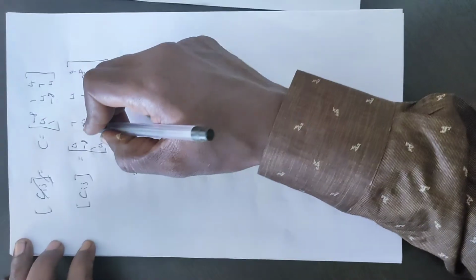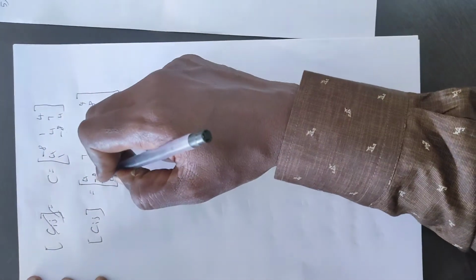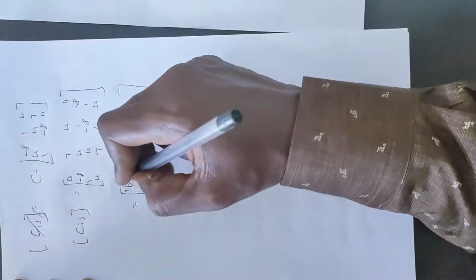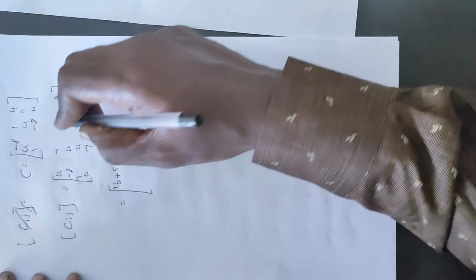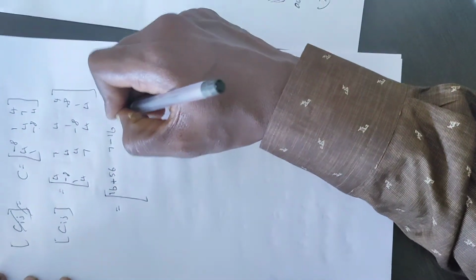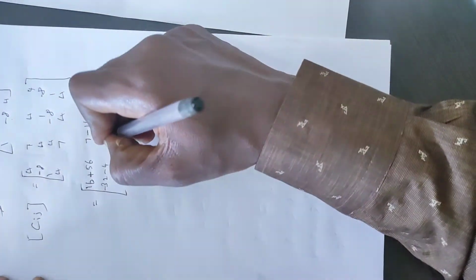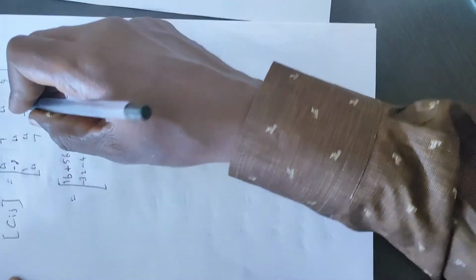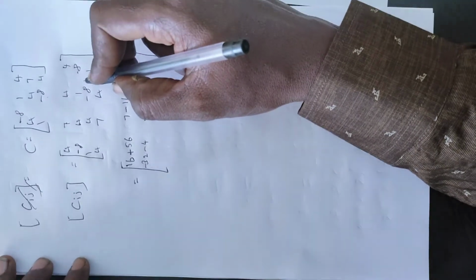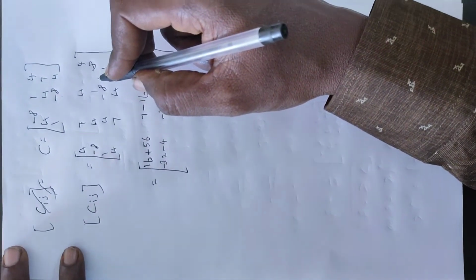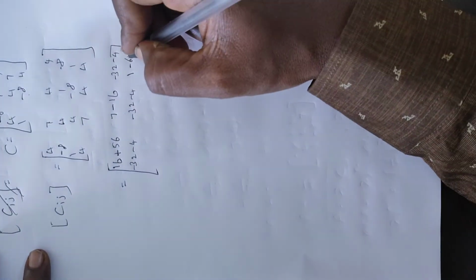So 16 will come, 4 4s are 16, minus, cross multiply, minus 8 plus 7, minus 56 will come, then minus becomes plus 56. So 7, you write minus, 4 4s are 16. So minus 32 minus 4, cross multiply, then 1 minus 64, 8 8s are 64.